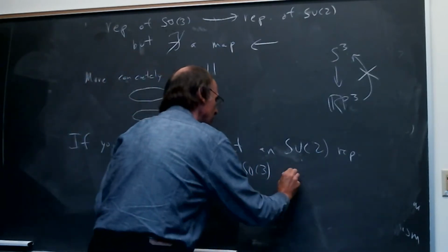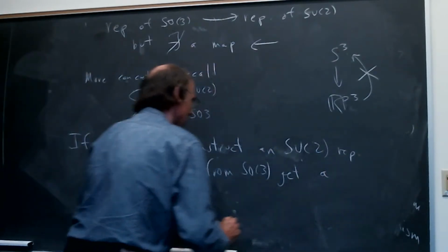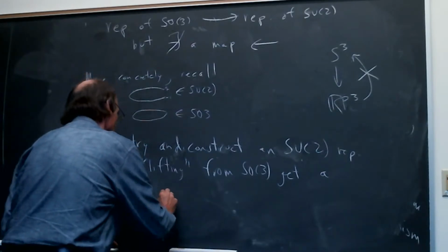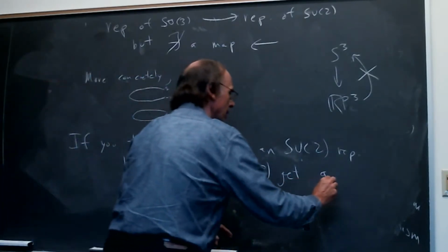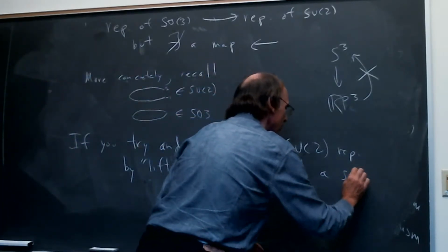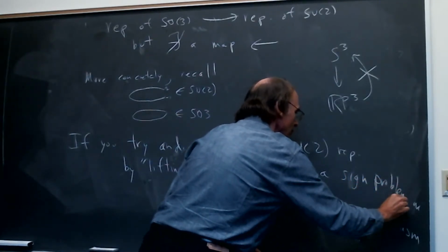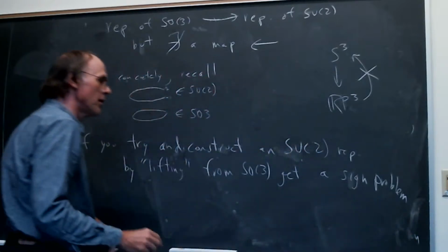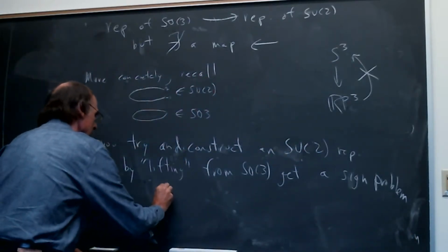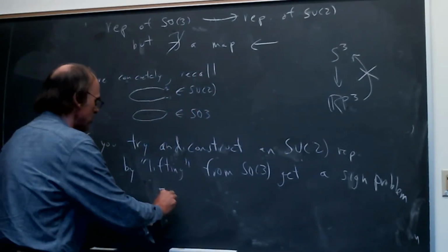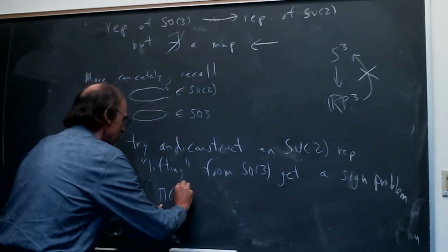You get a representation. You get a sign problem. And then what you see is that your lifted representation is going to satisfy something like this.